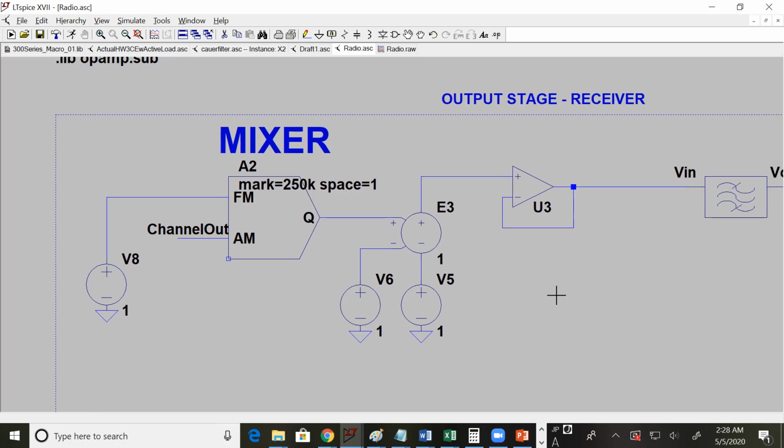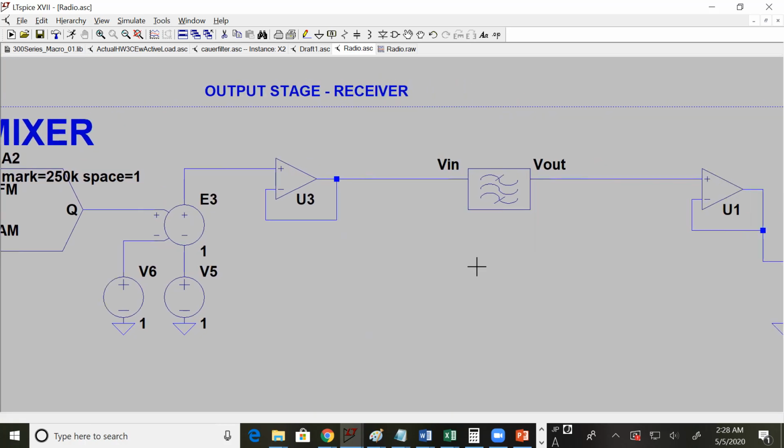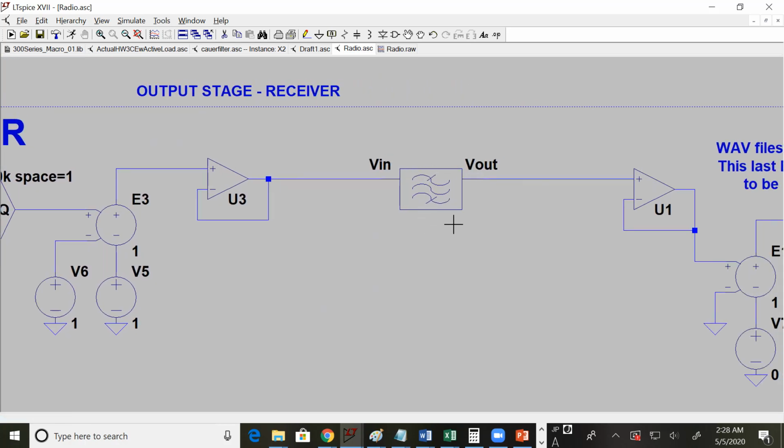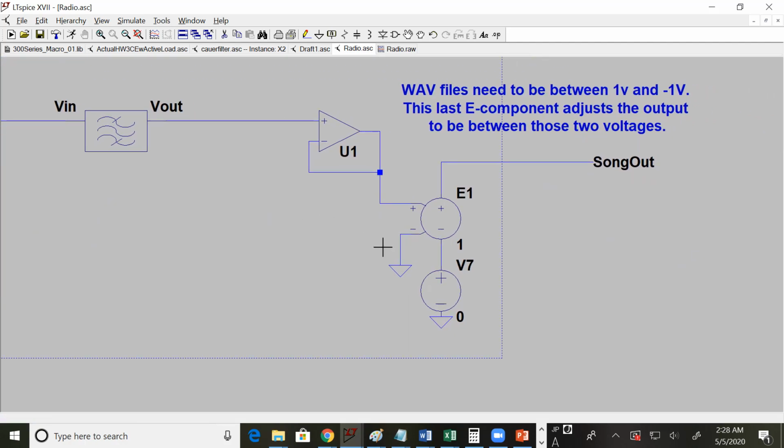There's a filter right here, and this filter is a low-pass filter, so it lets the voice signal, the few hundred hertz signal, through, but it gets rid of the 500 kilohertz signal.